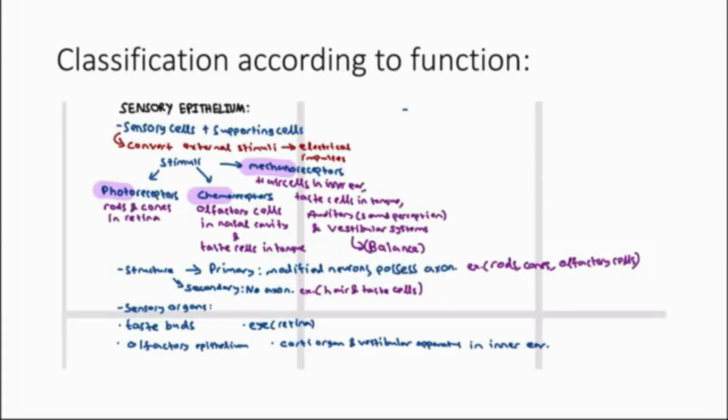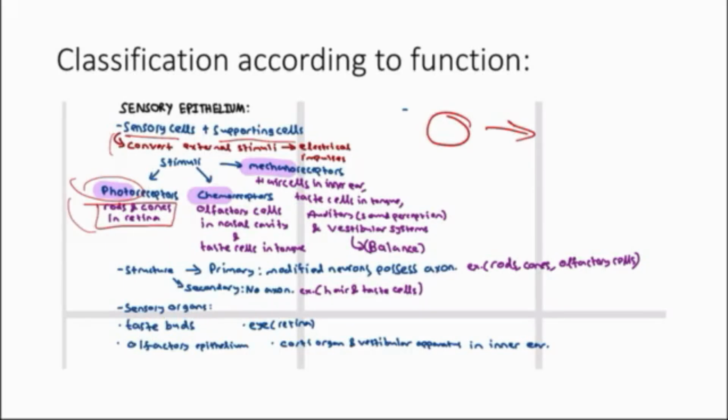And sensory epithelium. Sensory epithelium consists of two cell types, usually the sensory cells and then the supporting cells. The sensory cells take, for example, stimuli from outside and turn them into electricity basically, and that allows you to sense. You can have, for example, photoreceptors, the rods and cones in the retina, so these are for vision.